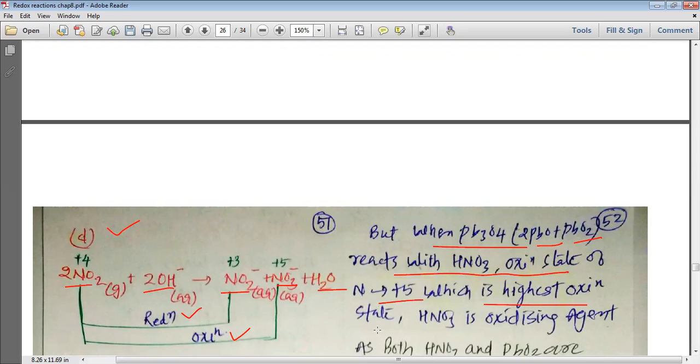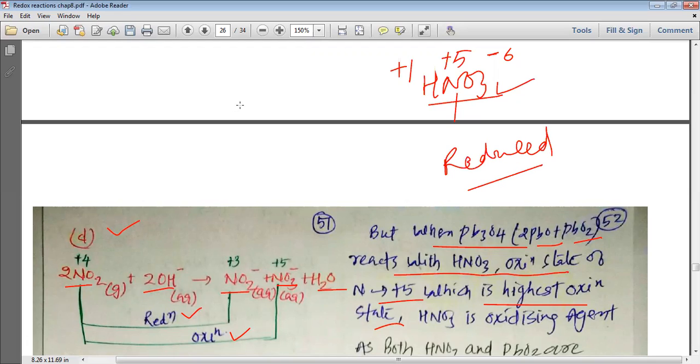If you look into HNO3, nitrogen has, see, oxygen is minus 6, hydrogen is plus 1, so it goes plus 5. Now plus 5 is the highest oxidation state for nitrogen. So even the nitrogen present in HNO3 behaves as an oxidizing agent, and it itself would like to be reduced.